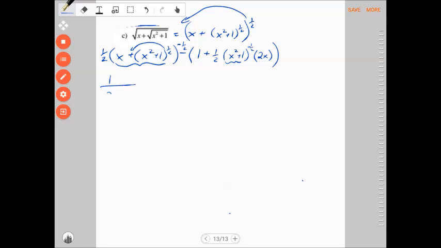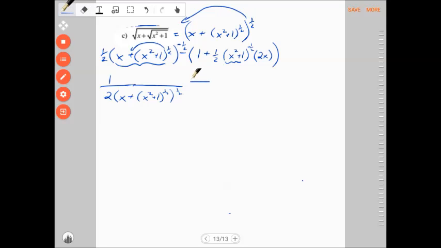So this is going to be 1 over 2, and then x plus x squared plus 1 to the half, to the half. So that's that part, minus, oh, that's not a minus, sorry, that's just my underline of the thing.